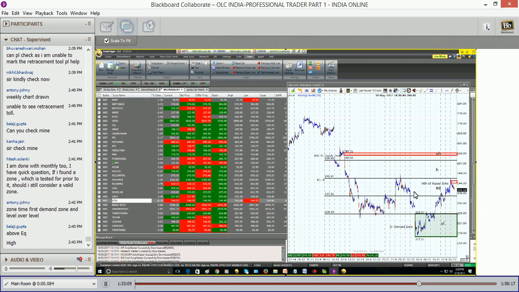Why is this moving? Can you zoom out, Balaji? I'm not able to zoom out. Just a little bit zoom out, please.